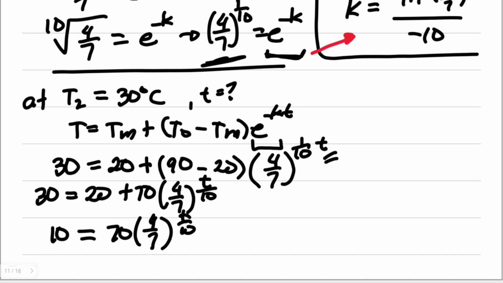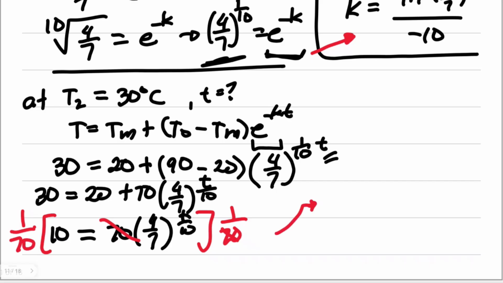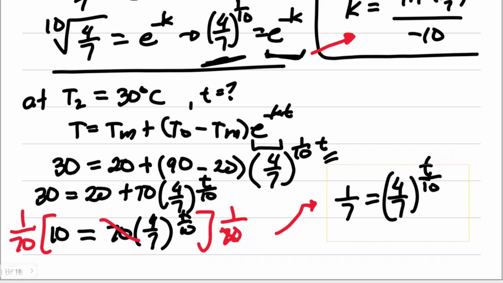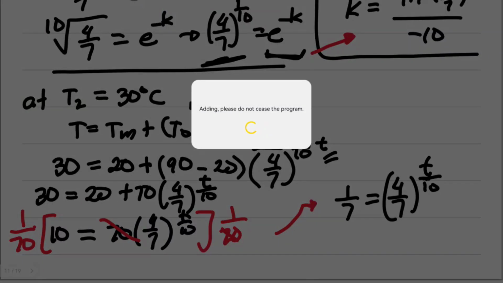And then I'm going to multiply both sides by 1/70 to cancel this, so the other side is 1/70 as well. I have the final form here: 1/7 is equal to 4/7 raised to the power of t over 10. So I'm going to copy this one here, and allow me to add another page for additional scribbles.